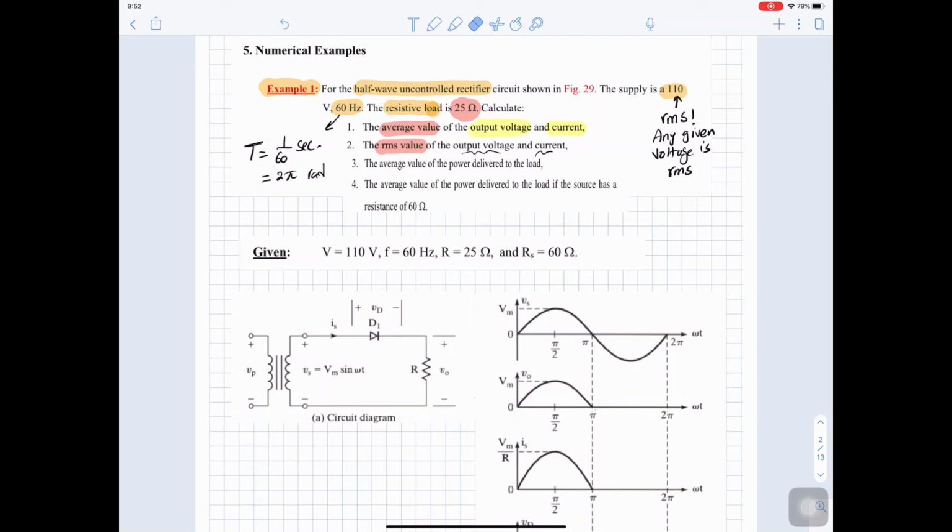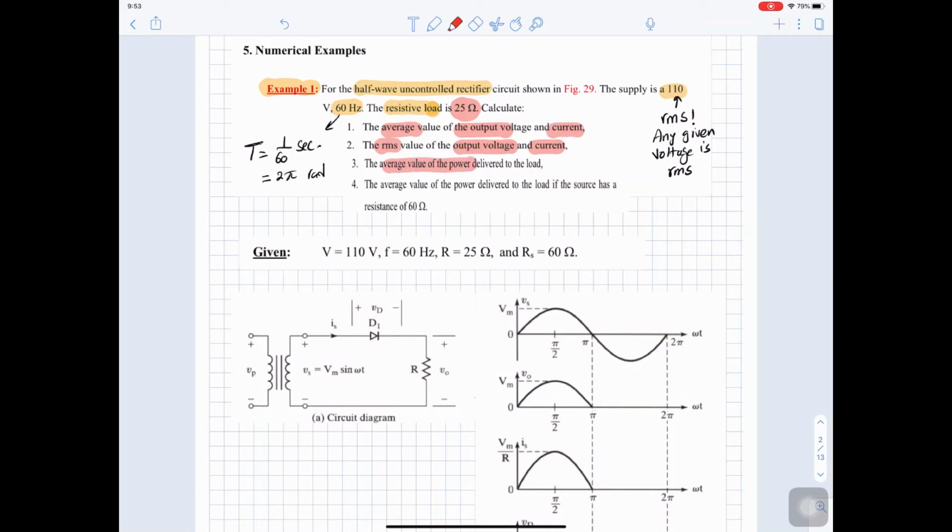And then we need to find the average power. So we need to find the output voltage and current RMS, the output voltage and current average.